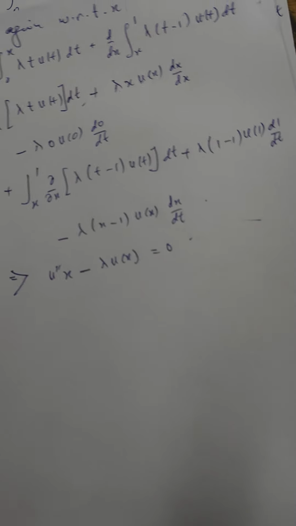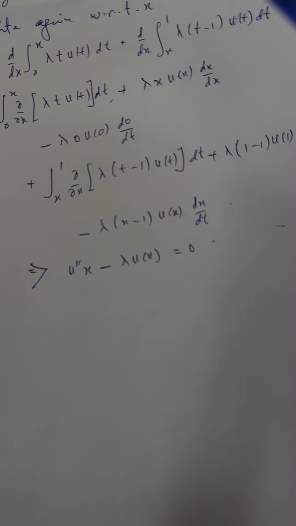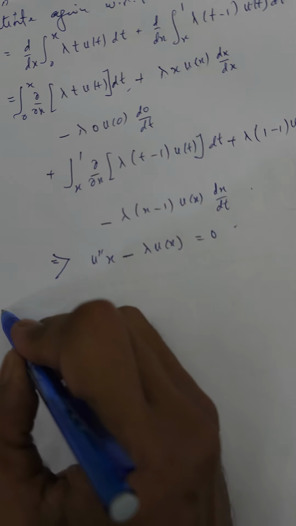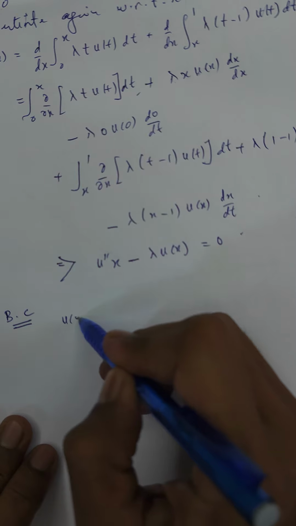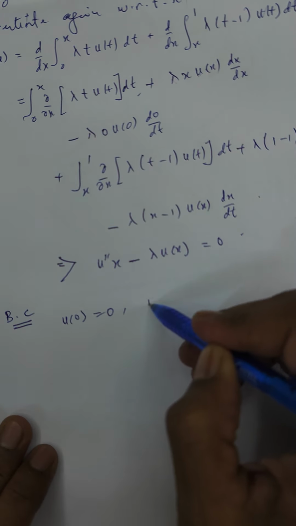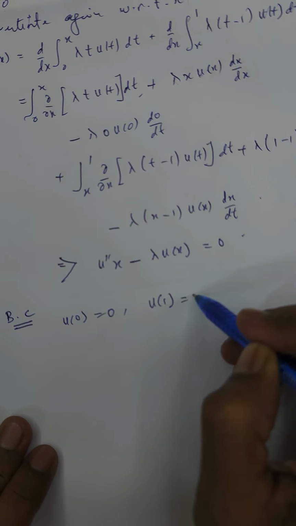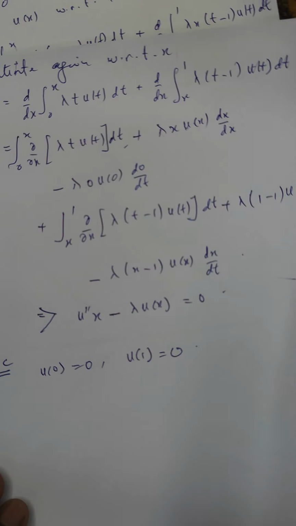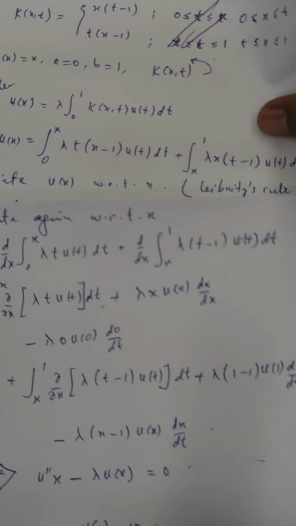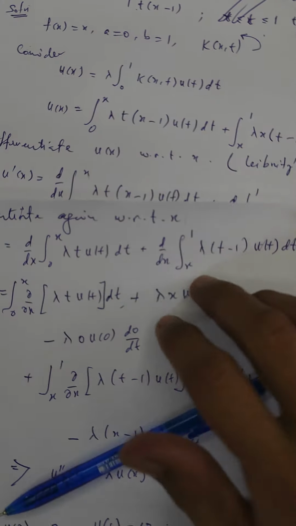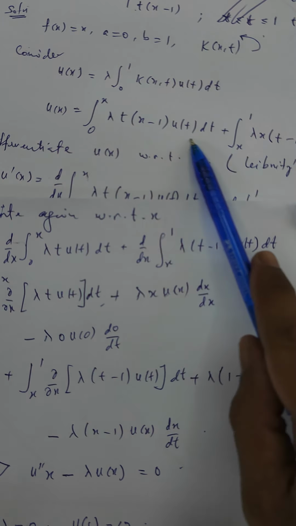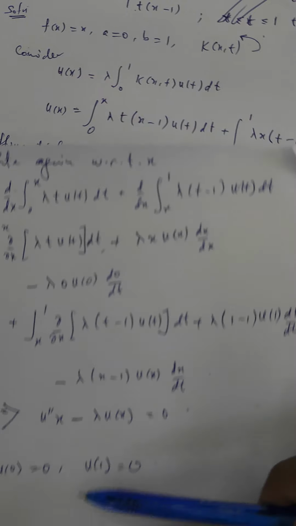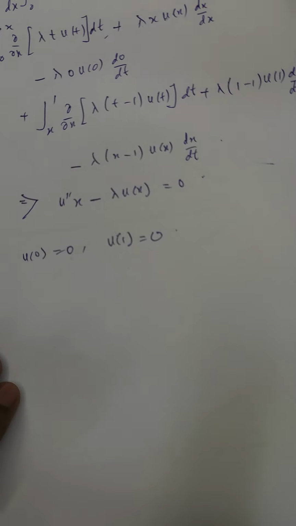From u, there you can find the boundary condition. Yeah, the boundary condition. We have u0 equal to 0. You have u1 equal to 0. Just substitute into the u here. Yeah, this one. Then you can find the boundary conditions for u.